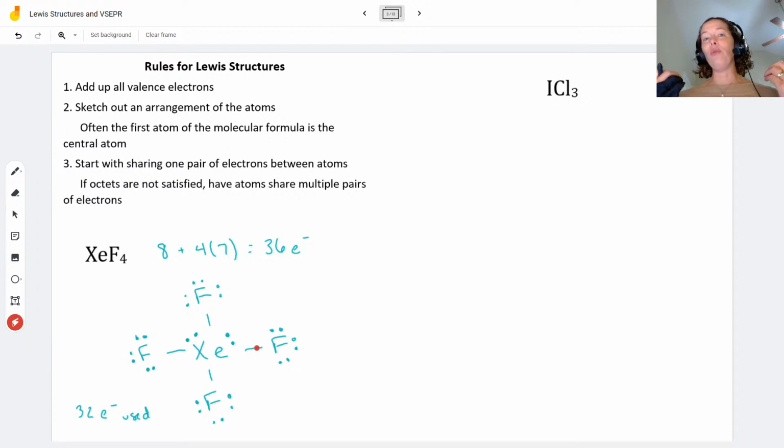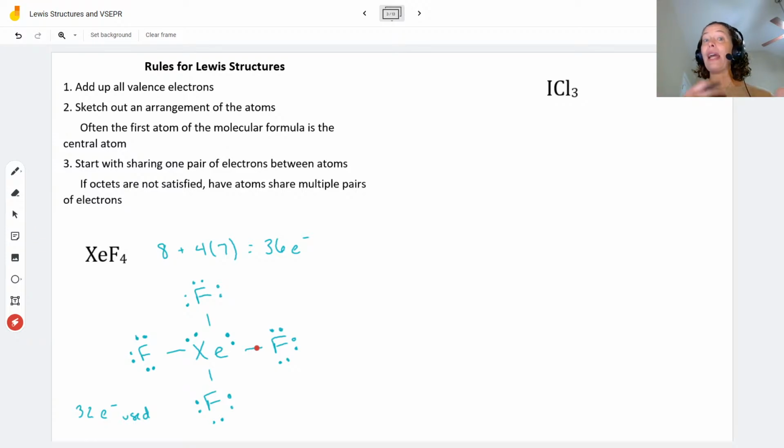And if you are in the 2nd period, or if you're hydrogen or helium, you don't have any more orbitals. So I said before, if you are, say, carbon, nitrogen, oxygen, fluorine even, you don't have enough space to have more than 8. So you will never see carbon with 10 electrons around it, or if you do, it's wrong. So those 2nd period elements, they just can't take any more.